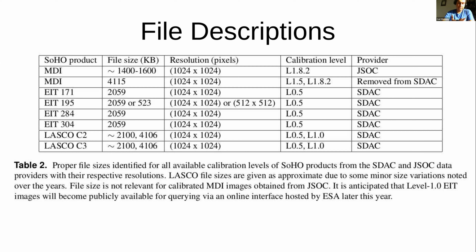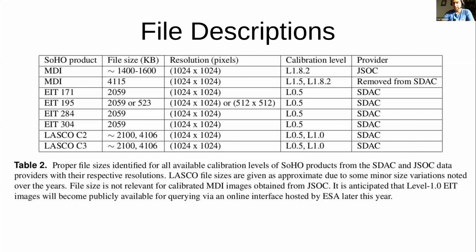So the pipeline checks for the file sizes given here, because there are a lot of different file sizes available, and those either correspond to self-calibration movies or images that are not squares, but rather elongated rectangles or other kinds of images, just stripes. Having combed through the VSO database and inspected all these products and resolutions, these file sizes are the ones that work best and should be used rather than other ones.